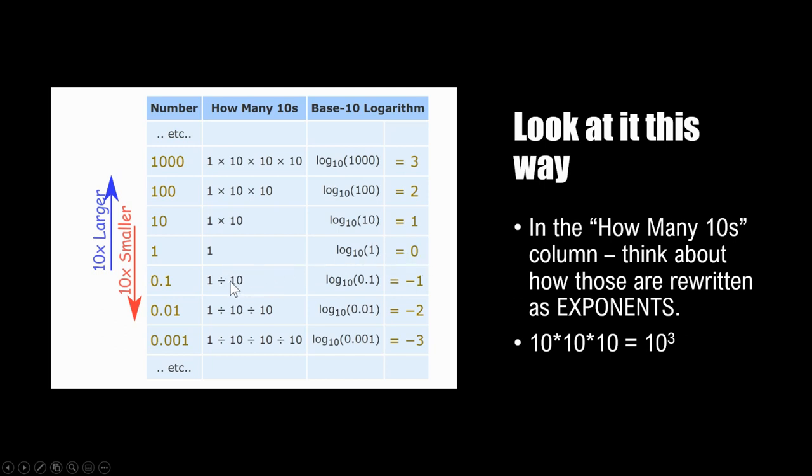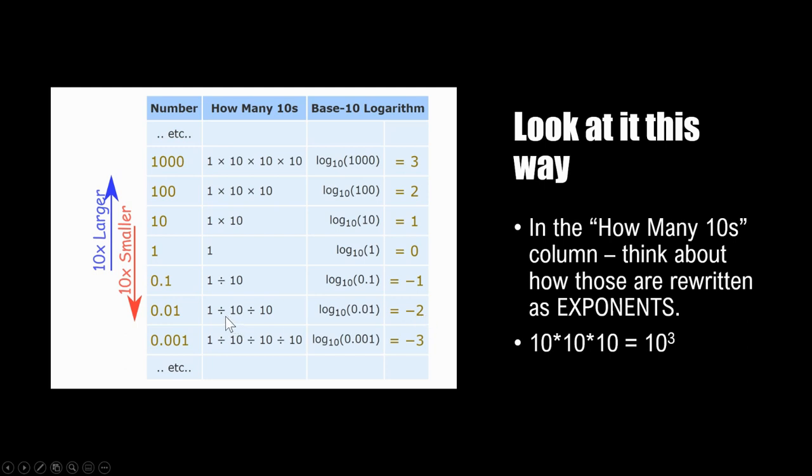Now, if I do 1 divided by 10, so log base 10 of 0.1, well, that's negative 1 because 1 over 10 is 10 to the negative 1. Log base 10 of 0.01 is negative 2.